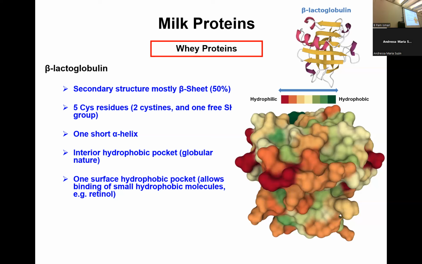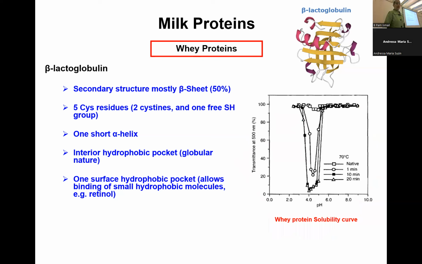So we did talk about the first 3, 4, 5 points. This is because of the surface hydrophilicity and minimal surface hydrophobicity. We talked about solubility of whey protein, mostly soluble at all pHs, including the isoelectric point, because of the high hydrophilicity on the surface.